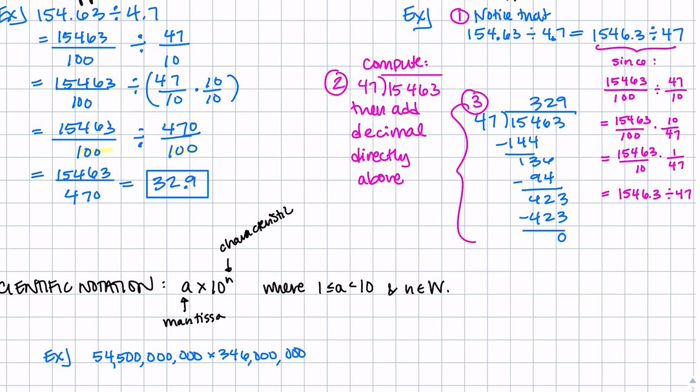So when I'm dividing two decimals, as I am in this example, 154.63 and 4.7, one thing to notice is that 154.63 divided by 4.7 is the same thing as 1,546.3 divided by 47. And here in pink, I have this justification.